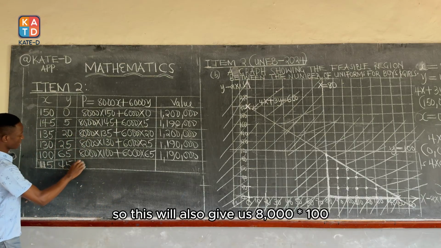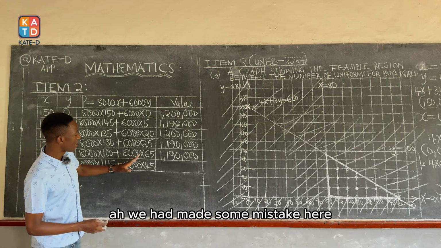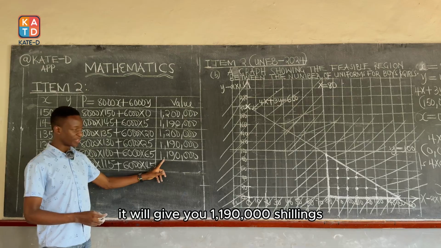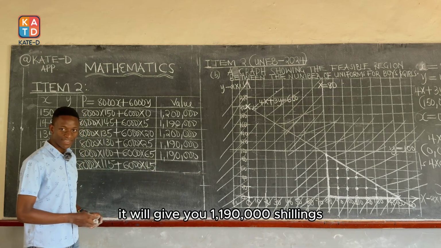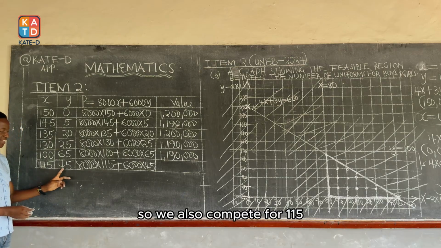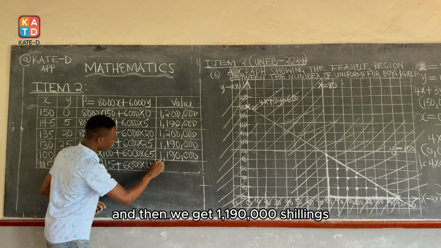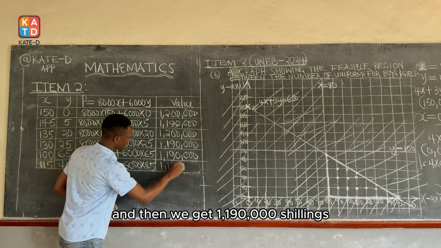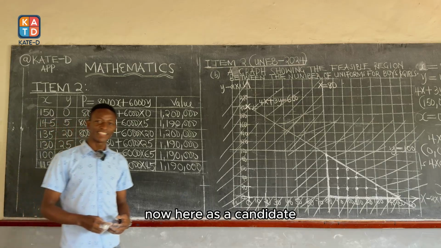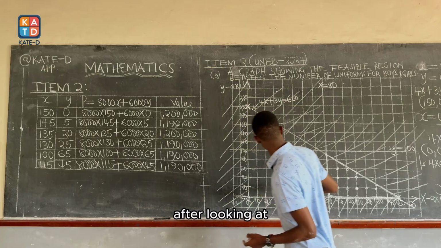We had made some mistake here. When you compute, it will give you 1,190,000 shillings. So we also compute for 115 and then 45 in our formula for the profit, and then we get 1,190,000 shillings.